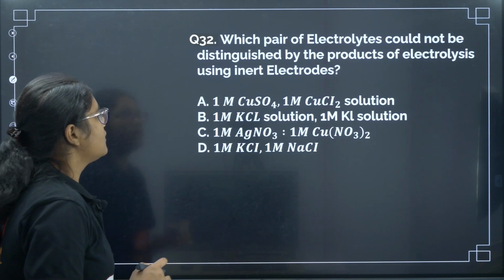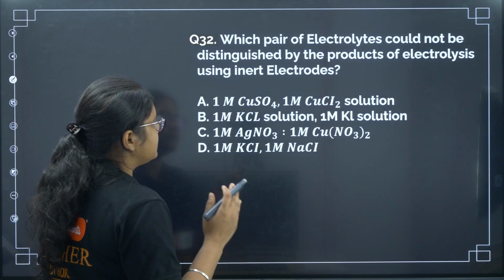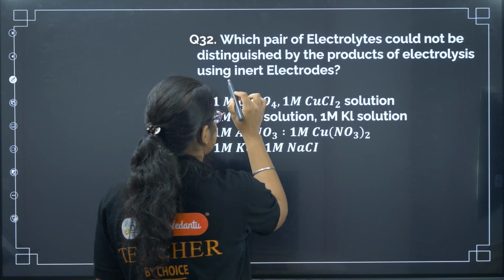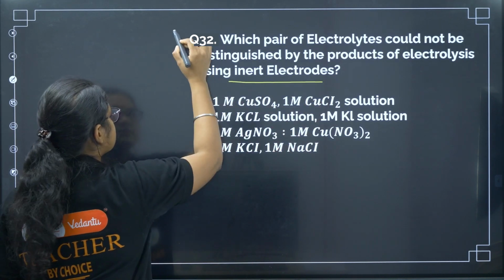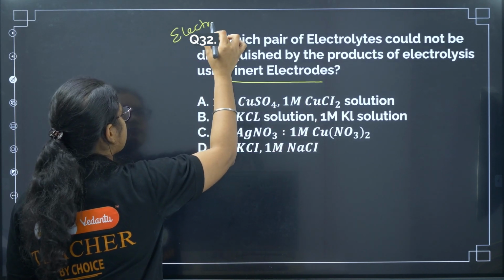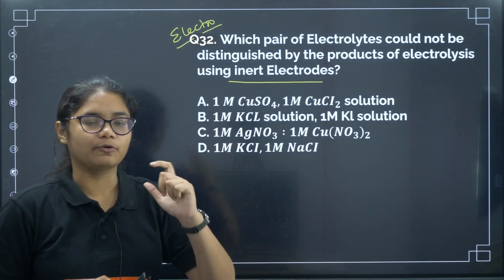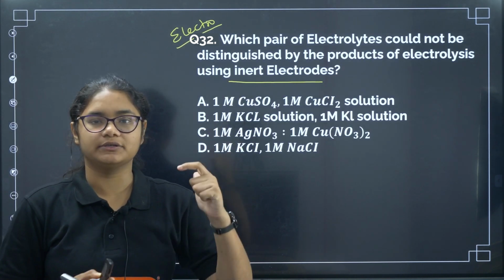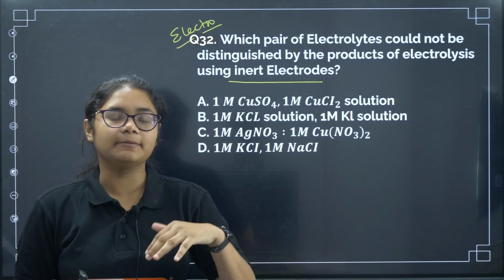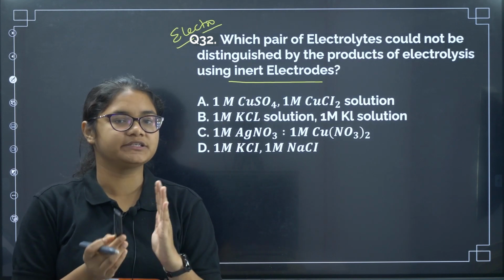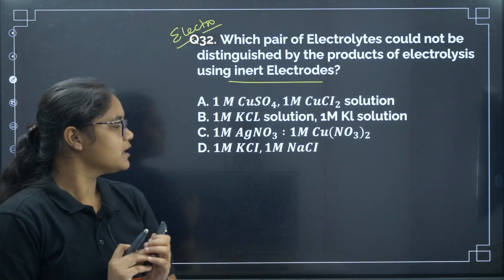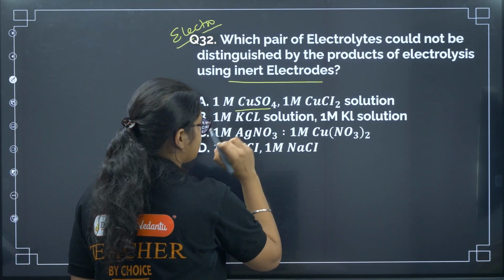Next. Which pair of electrolytes could not be distinguished by the products of electrolysis using inert electrodes? This question is from your electrochemistry. We should know that the products of electrolysis in aqueous solution and molten solutions are different. It depends on the oxidation and reduction potentials of the cations and anions. Now if you see copper sulfate, what happens?